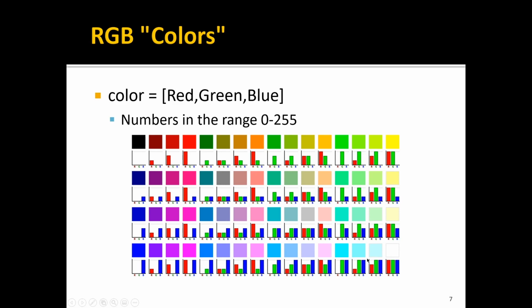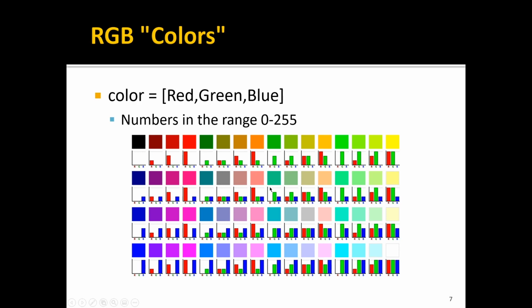So here's a table representing how some combinations work. For example, if all 3 values are at 0, then we have black. It's just the absence of color. And if all 3 values are at 255, then we have white. We have the maximum color. Now, the color combinations might seem a bit odd because green is not normally a primary color, but when we're dealing with the colors of light, these are the three primary colors, and the combinations work as follows.